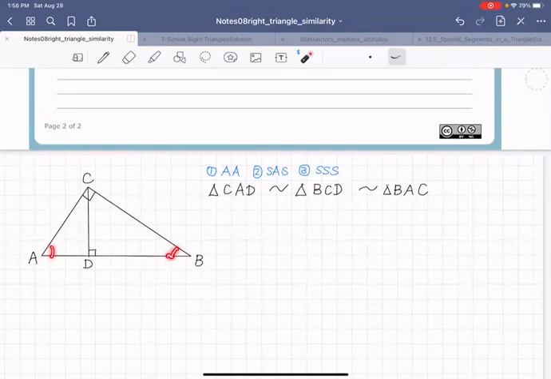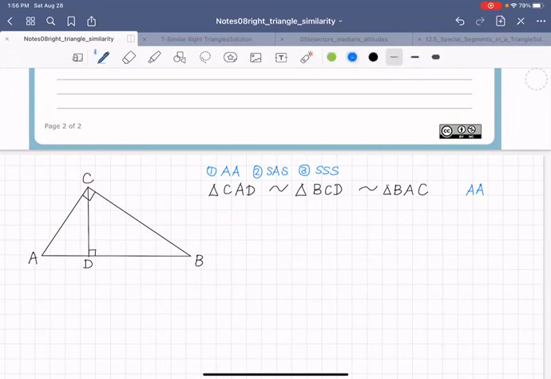That's why this angle has to equal this angle, right? So this is supported by AA. For this triangle and this triangle, they both have a 90 degree angle and they share an angle, okay? So it is also AA.